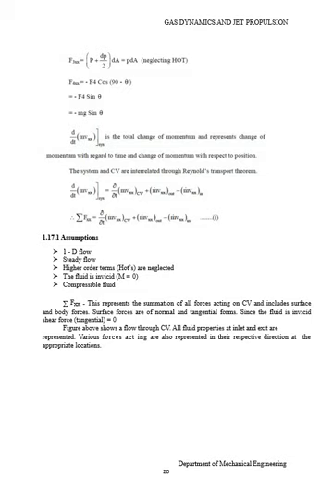The system and the CV are interrelated through Reynolds transport theorem. Therefore, d by dt of m Vx for the system is equal to partial derivative with respect to t of m Vx for the CV plus m Vx out minus m Vx in. Therefore, summation of Fx is equal to partial derivative with respect to t of m Vx for CV plus m Vx out minus m Vx in.